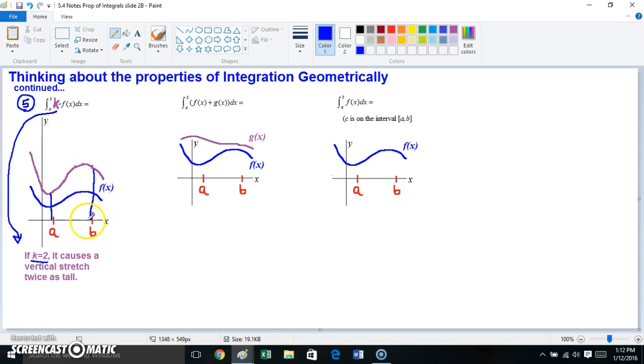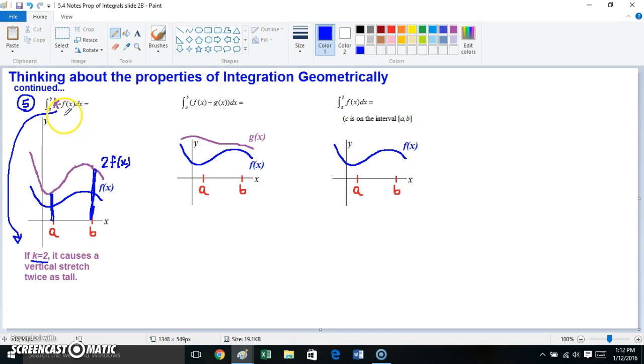Okay, and so we're looking at the area under the curve of the purple curve, in this case 2f of x, right? And so what is happening is, if the heights are twice as tall, then the area is going to have an extra factor of 2 in it.